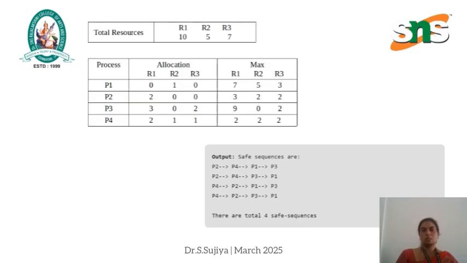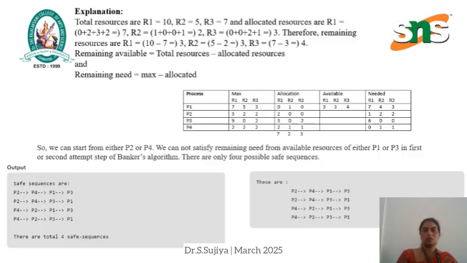Next, the P2 process will complete, then P4, then P3 and P1, and then P4, P2, P1, P3 and P4, P2, P3, P1. Finally, there will be a total of 4 safe sequences for completing the 4 processes with available resources of 3. And this is how Banker's algorithm works based on the maximum requirement of resources.